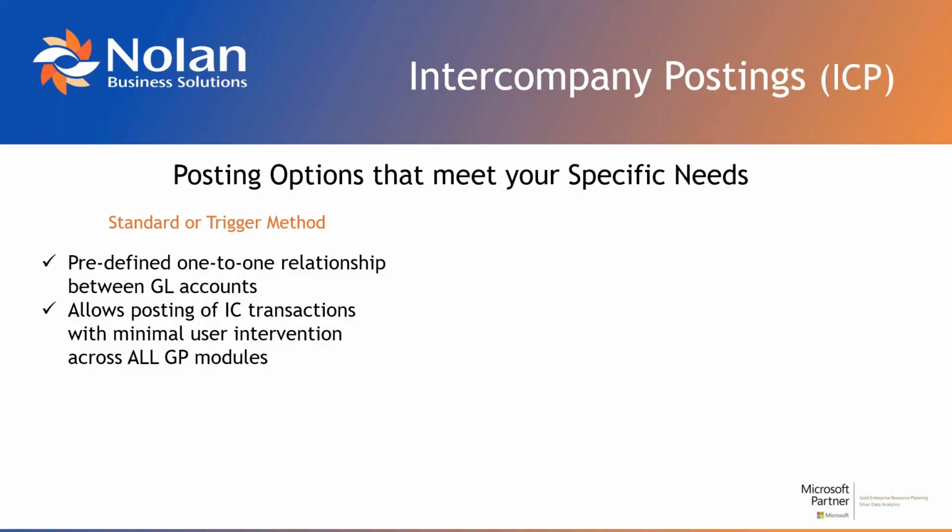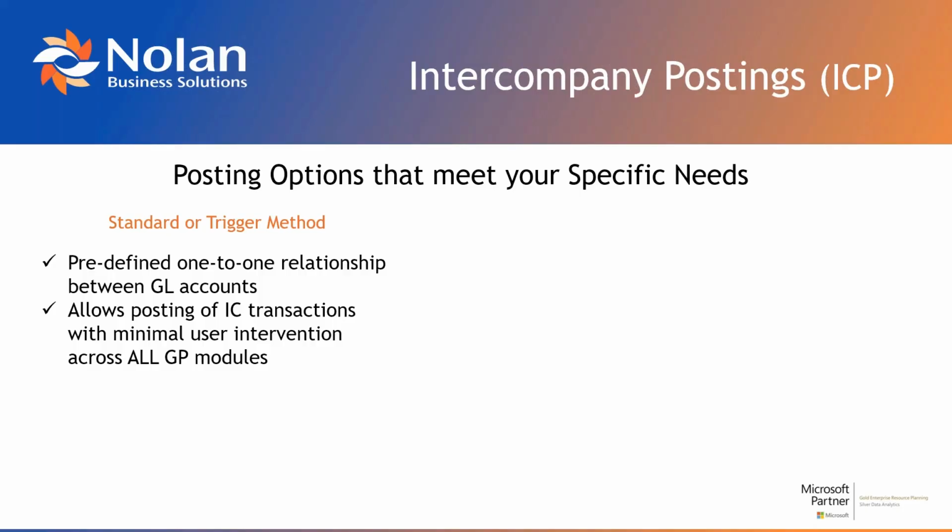You'll see that this one is a little bit more what I like to call a direct method, where you do a little bit of work up front with predefining a one-to-one relationship between your GL accounts, between the various databases.